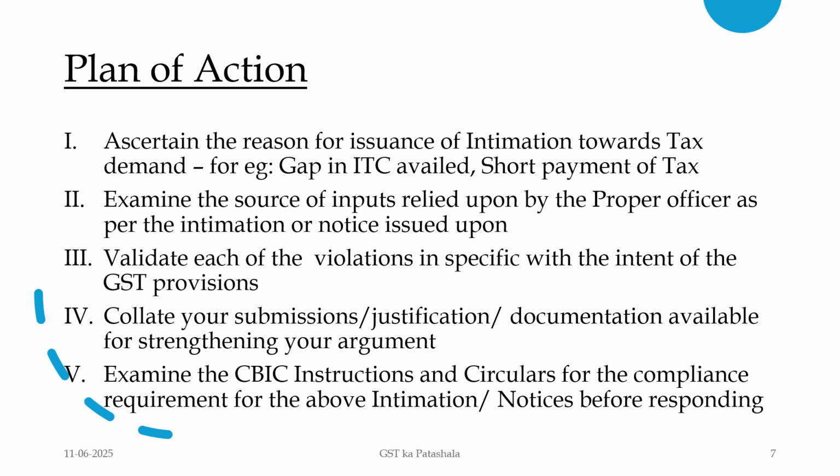So in case the ASMT 10 was issued manually, you can respond to them: boss, as a proper officer, there was an instruction given to you that it should be made available online. Without making it available online, how do you expect me to respond online? That should be the first line of defense. So what you have to do is, if circulars or instructions given by CBIC are available for this particular context, read them and then adopt them as a proper defense in the opening arguments.